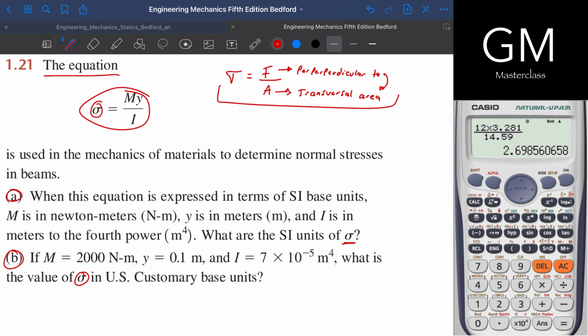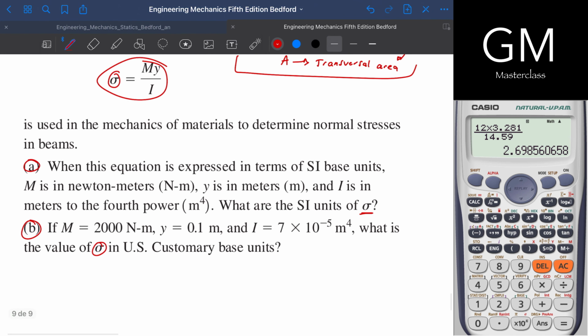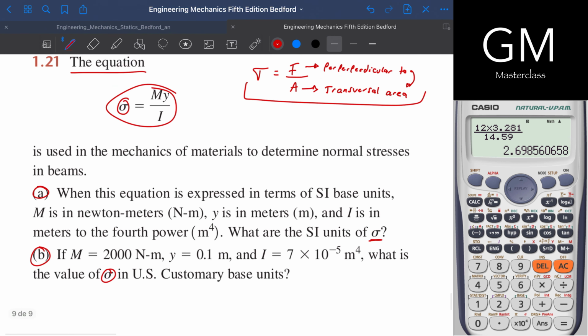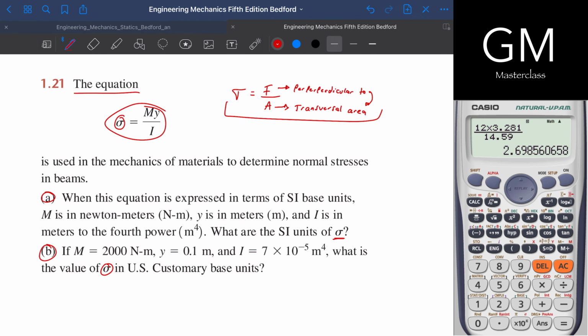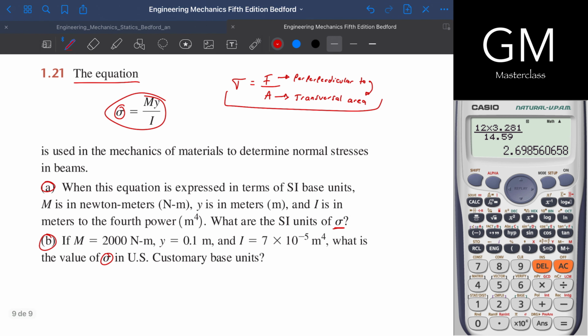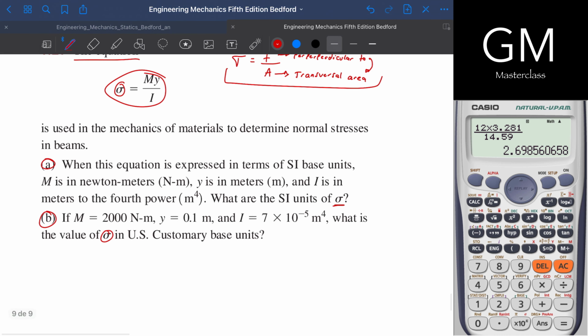Alright, so maybe we're going to solve some of the exercises that use this equation using some different shapes, but right now I think that the book might want to give an introduction to this topic.